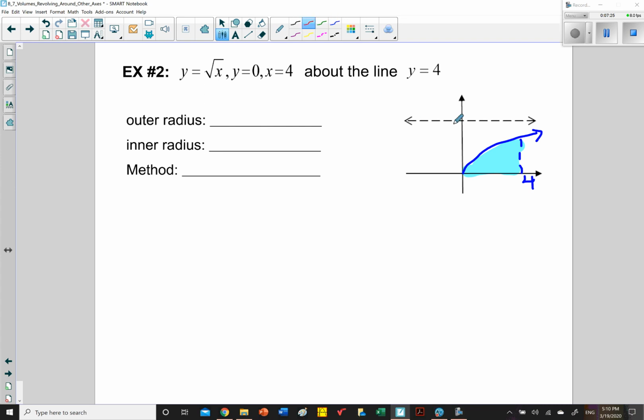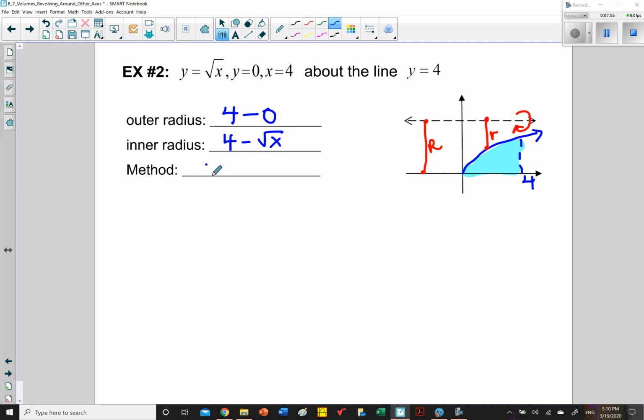We have an outer radius from here to here. That's the outer, capital R. We have the lowercase r from here to here. We're revolving around that line, which is y equals 4. So the outer radius is 4 minus 0, and the inner radius is 4 minus our function value.